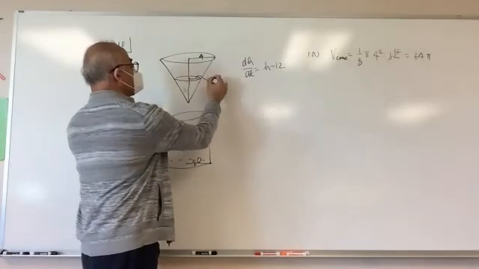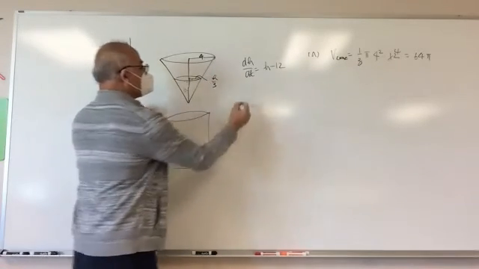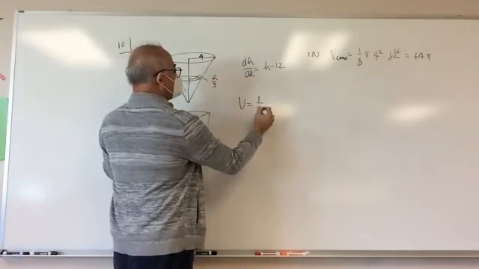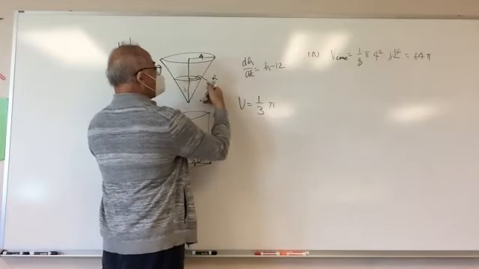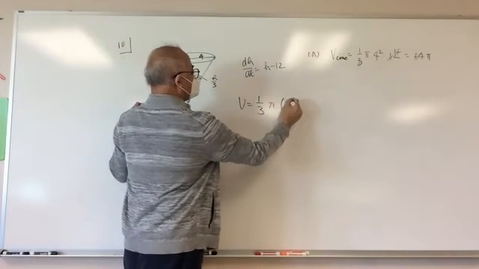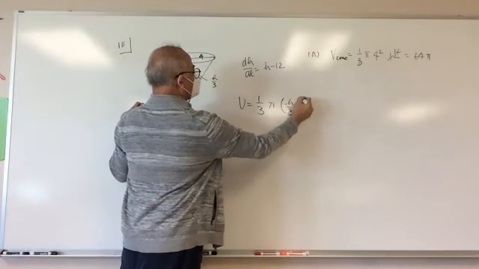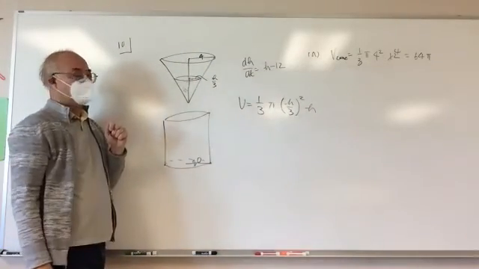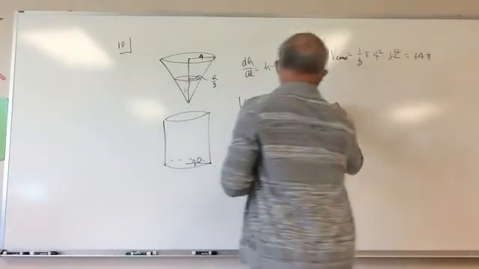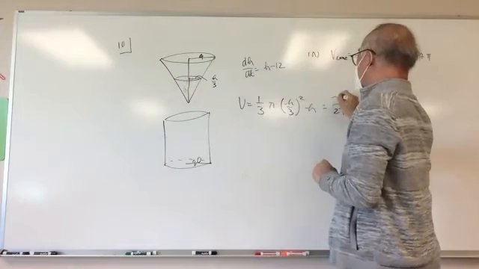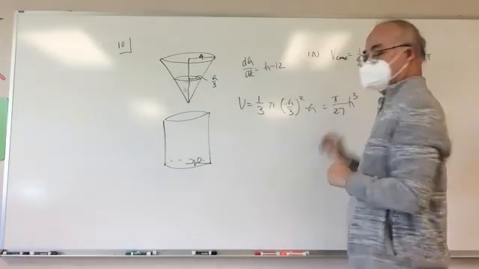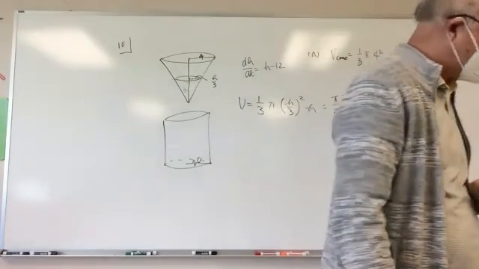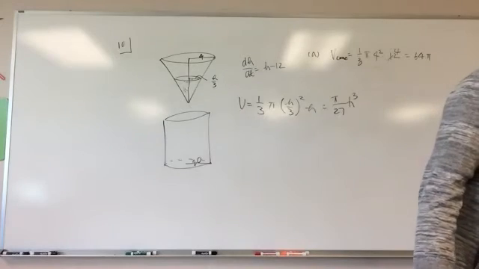So this guy's going to be H over 3. So the volume is going to be pi r squared times the height, right? Okay, we'll go with that.